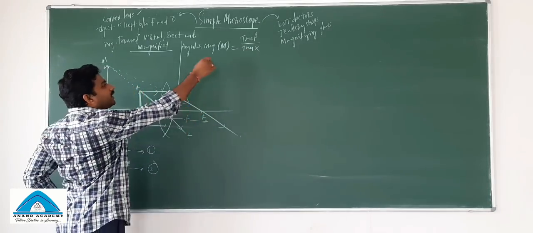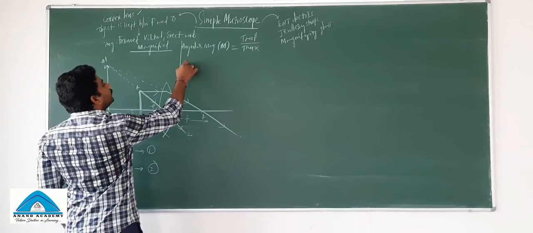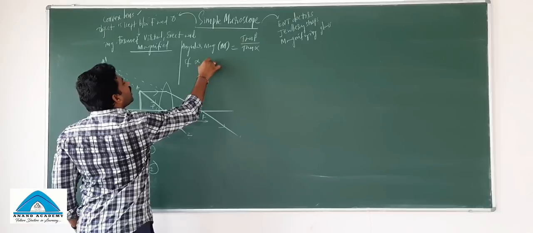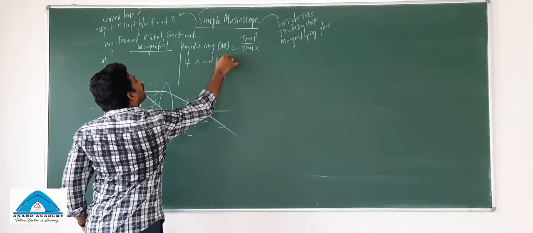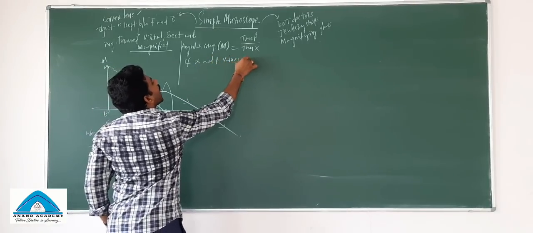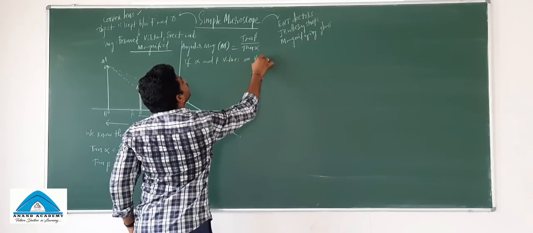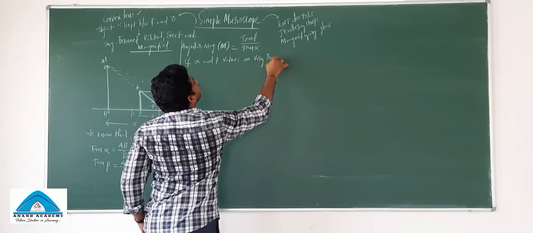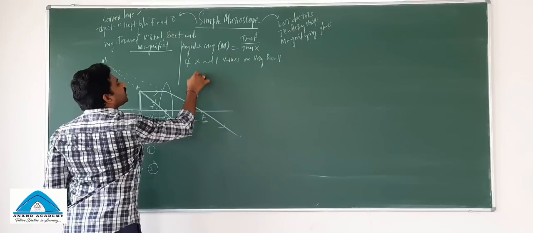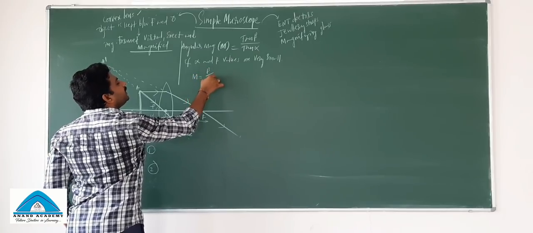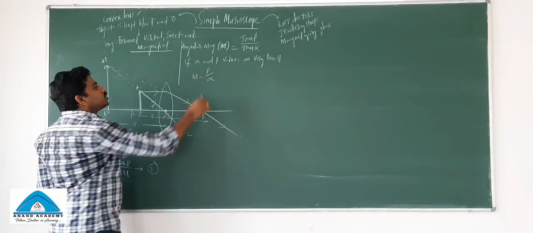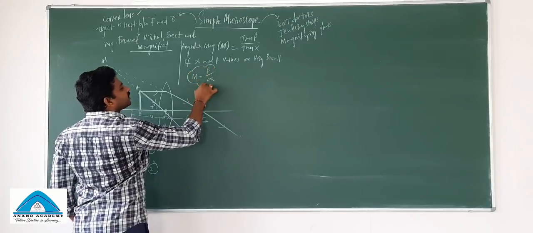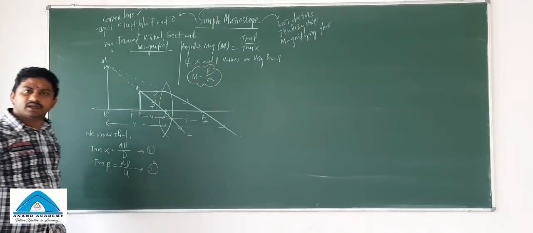So now when the angles are very small, if alpha and beta values are very small, what I can say is your magnification is equal to beta by alpha. So this is the angular magnification formula.